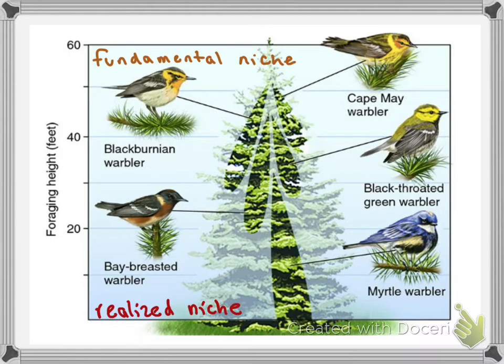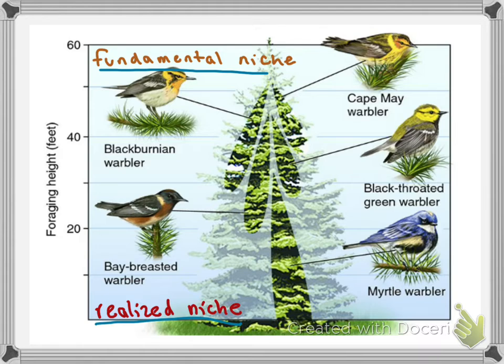As a result of competition, a species' fundamental niche, which we see right here, which is the niche potentially occupied by that species, in other words, where it could live, is different than its realized niche, or where it does live. And that realized niche is driven by a set of conditions that dictate where it actually can survive.